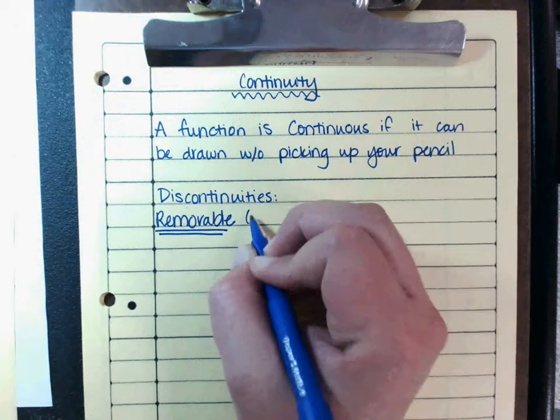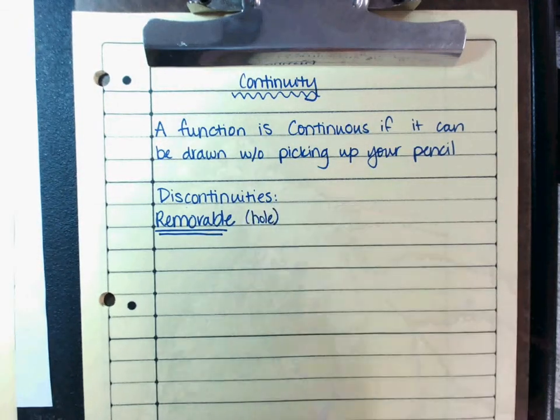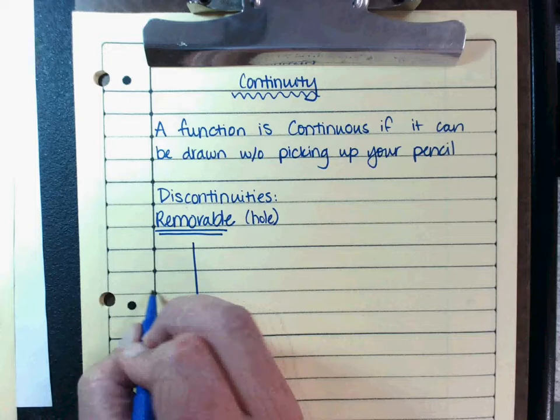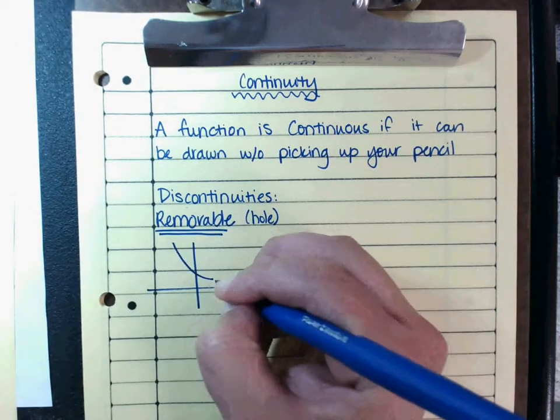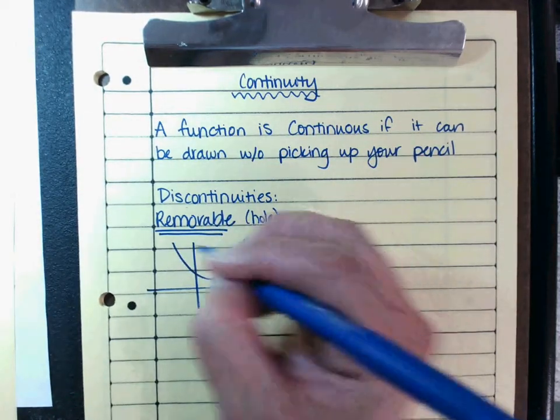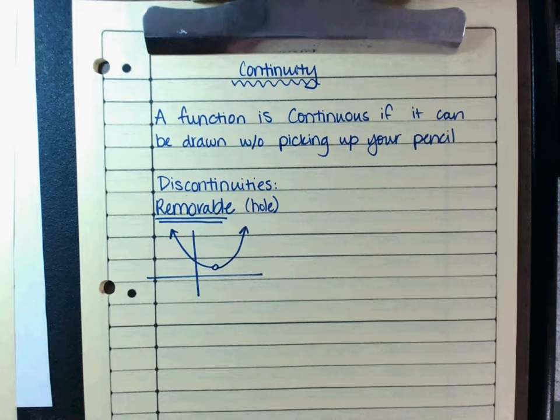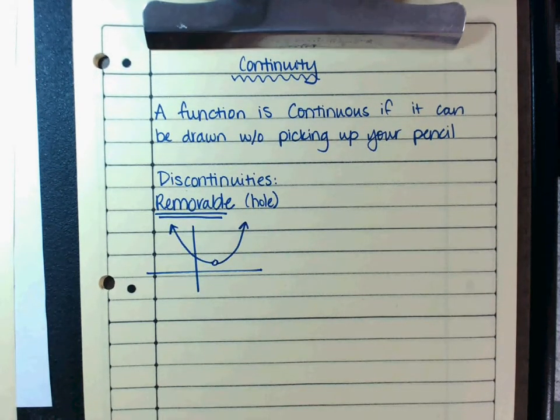If you want to put that on here, that's fine, but as far as calculus goes, we need to shift that vocabulary over to removable. Hopefully you remember what that looks like: draw a parabola, but then put a hole in any point along it. Your graph is discontinuous if there's a hole.